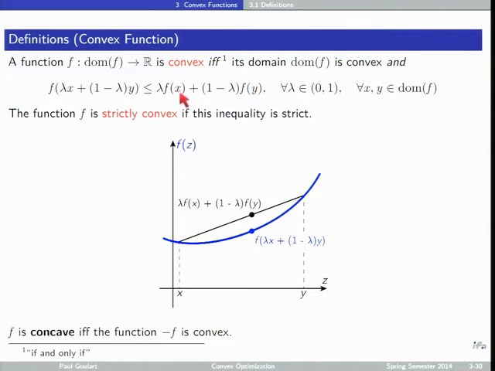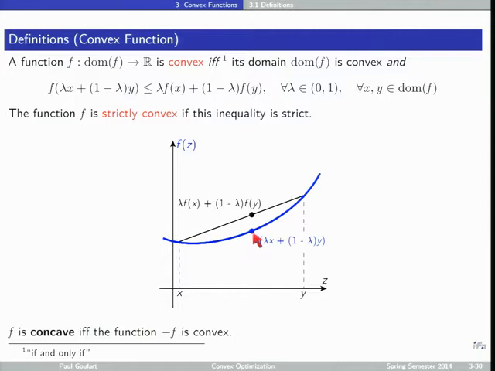So you take f(x), you take f(y), and then you just interpolate between those 2 values. You get this line up here. And then you could also interpolate between the two arguments. You could take x and y and draw a line between the two arguments instead of between the two values. And if you do that, if you always end up below this value, down here, then you have what's called a convex function. So this basically says that drawing the straight line between the values always gives you more than actually evaluating the point at the interpolated position between the two values.